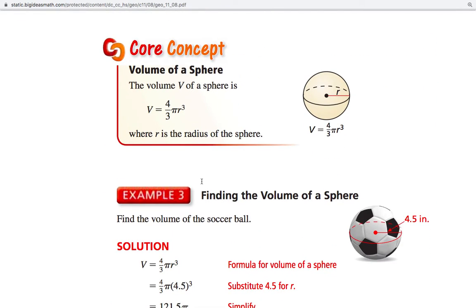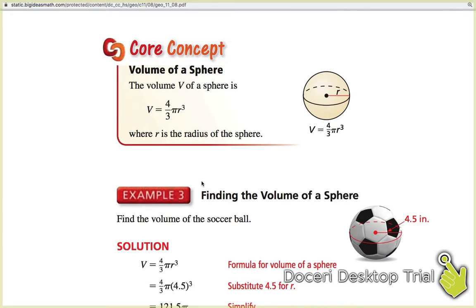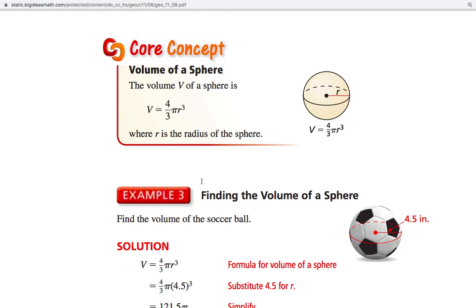But our volume formula has r to the third power, right? So now volume has labels like inches cubed, centimeters cubed, miles cubed. So we have to cube our radius in our formula. So 4/3 pi r cubed is what we're looking at. A little weird with the 4/3. Make sure you have it as 4/3.